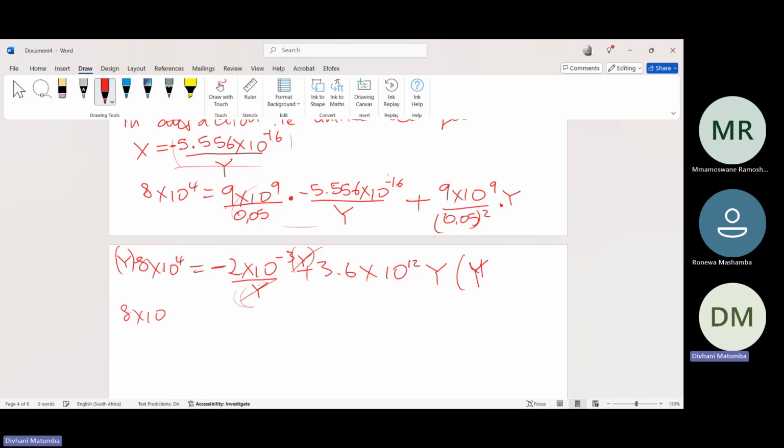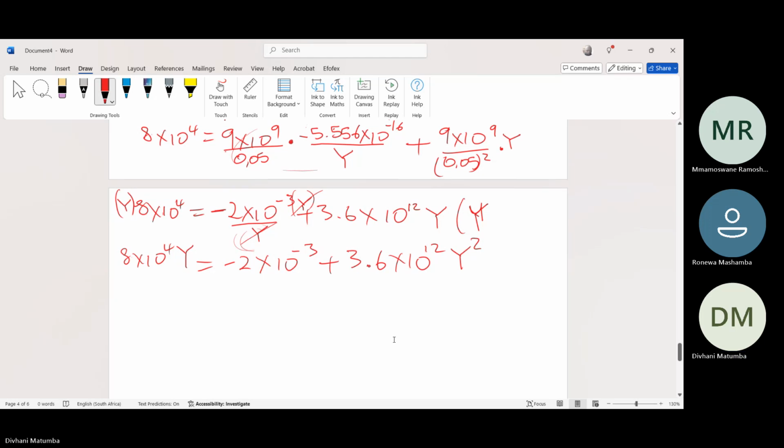Again, I will multiply by y in order to get rid of y that is in the denominator. I will multiply by y on all the terms. So y and y will cancel. Then I'll be left with 8 times 10 to the power of 4 y is equal to minus 2 times 10 to the power of minus 3 plus 3.6 times 10 to the power of 12 y squared. Again, I'm going to take this portion to the other side.